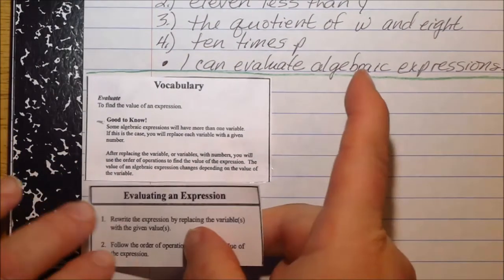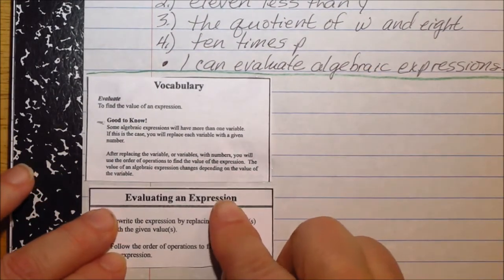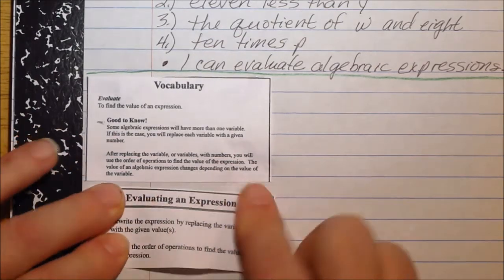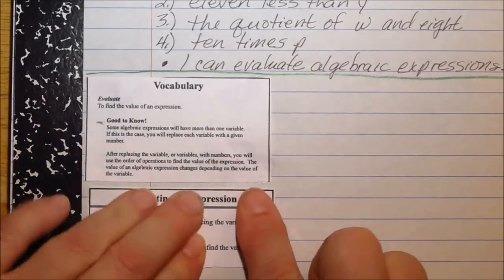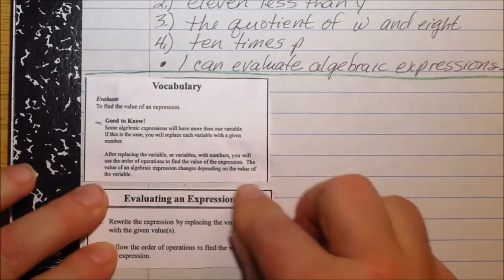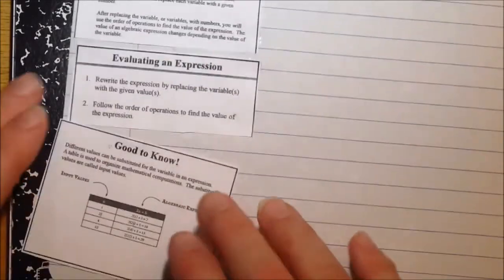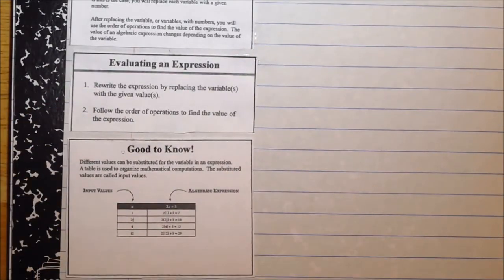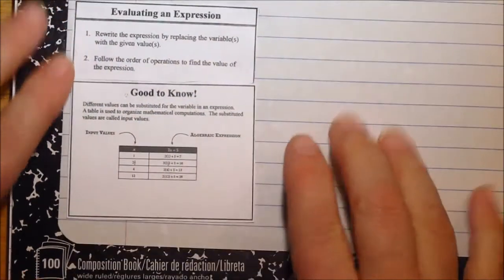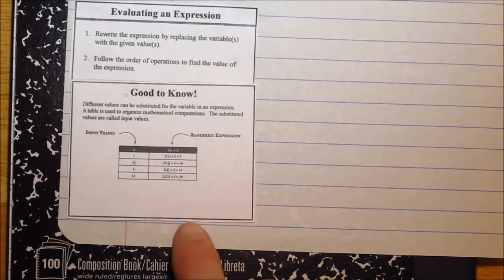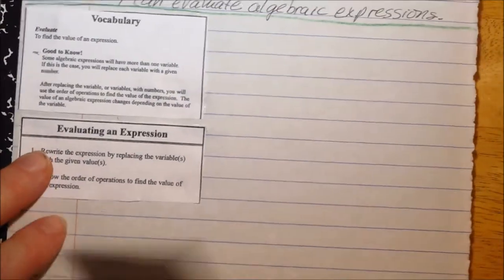And this one is evaluating expressions, the 2 steps for evaluating expressions. And then the final one down here is our one that says good to know. And this one I did not cut off the blank space at the bottom of it because I'm going to make a little note down in there.